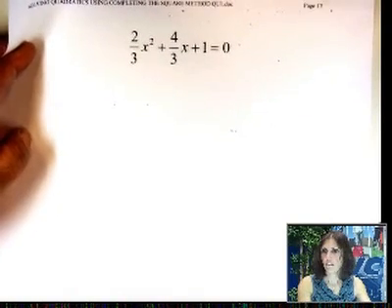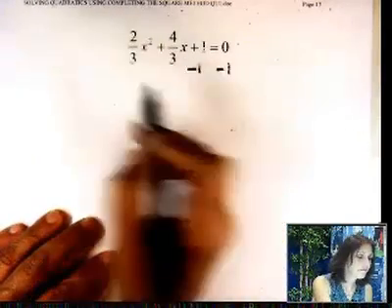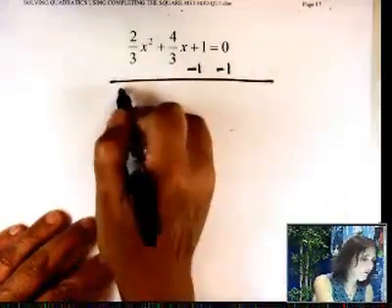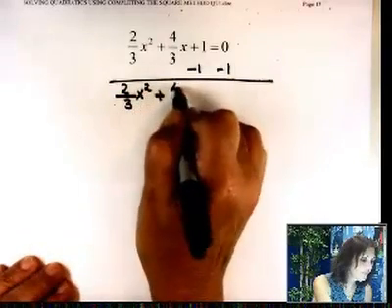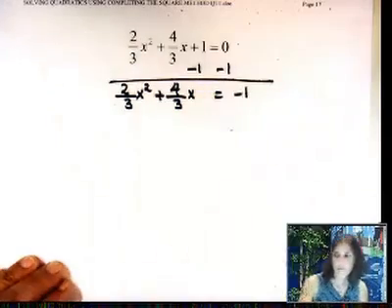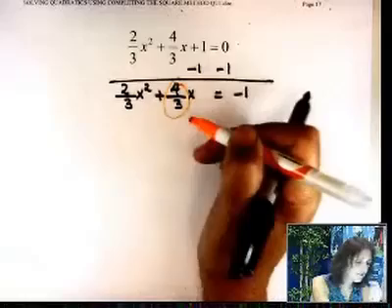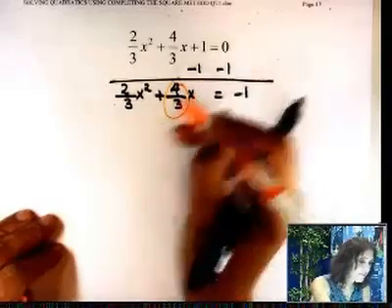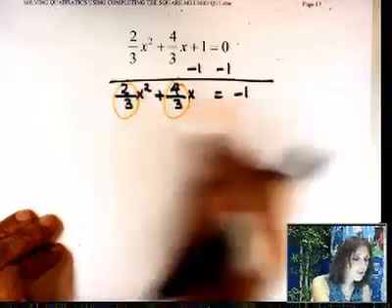Move the constant term. 2/3 x squared plus 4/3 x equals negative 1. We're going to do this slowly. 4/3 divided by 2. Oh, before you do that, you have to divide both sides by 2/3.